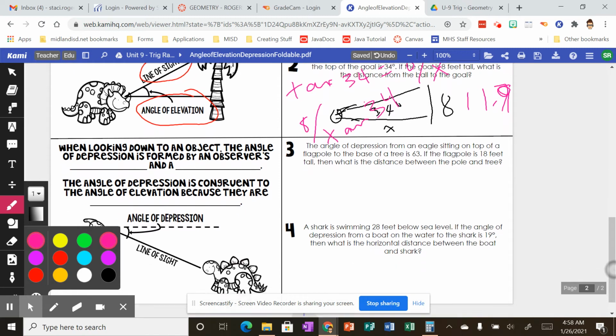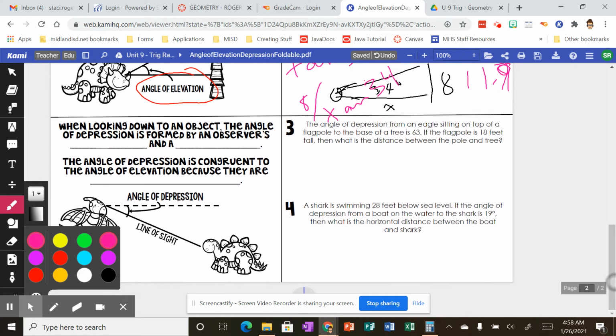Angle of depression is a little bit harder because you have to remember about parallel lines. Oh, we thought we were done with those? No. If you have parallel lines, the angle of depression is actually up here where the bird or dragon is looking, and it's looking down.